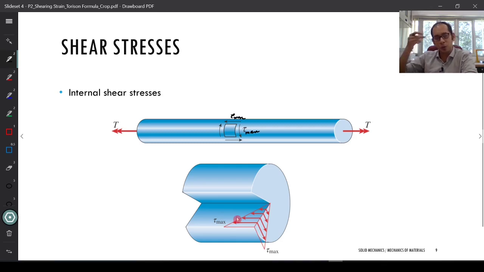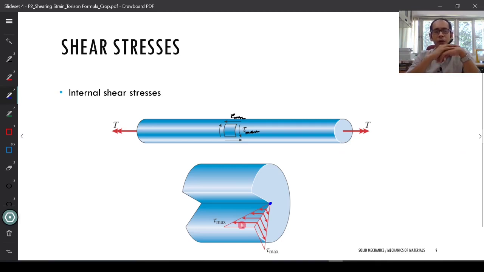And as you go more and more inside, tau reduces linearly with rho till you reach the exact centroid, which is this particular point over here, where your tau becomes equal to 0, and you have a linear decrease. So this tau essentially varies from outside all the way to the inside point.